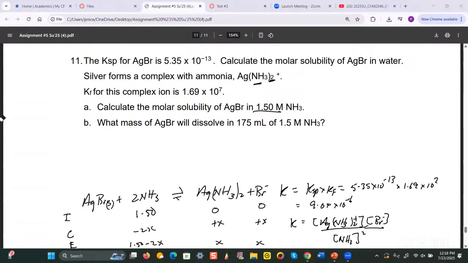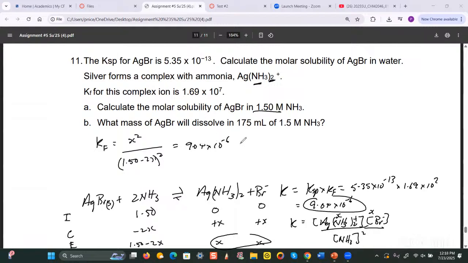When we plug in the terms, that will be equal to X squared divided by 1.50 minus 2X all squared, right? And that will equal 9.04 times 10 to the minus 6, which is what we have here for the K for the reaction.